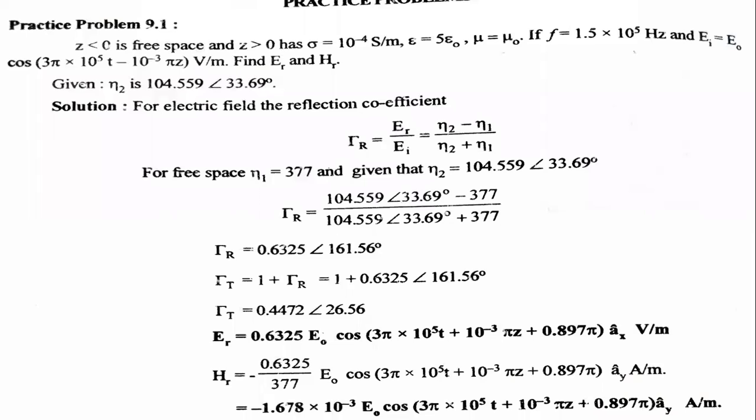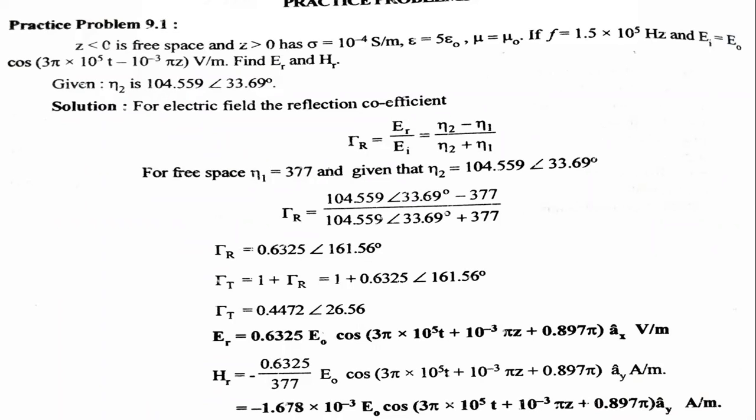See here, the z value is given, which is a condition whether z is above or below 0. Conductivity, permeability and permittivity are given. Even one condition is mentioned here: EI is equal to E0, meaning the incident electric field is equal to the electric field at 0 or the free space.